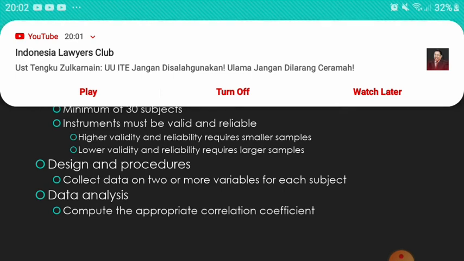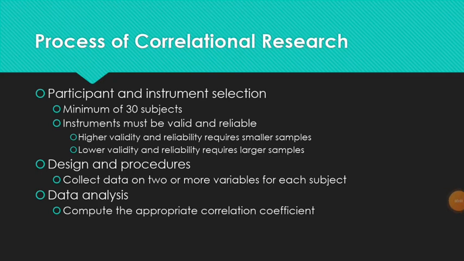Okay, and the third is design and procedures. The basic correlational research design is not complicated. Scores for two or more variables of interest are obtained for each member of the sample, and the paired scores are then correlated.